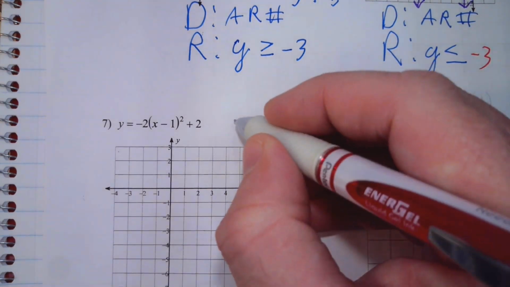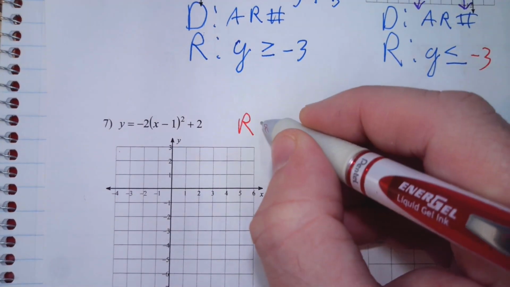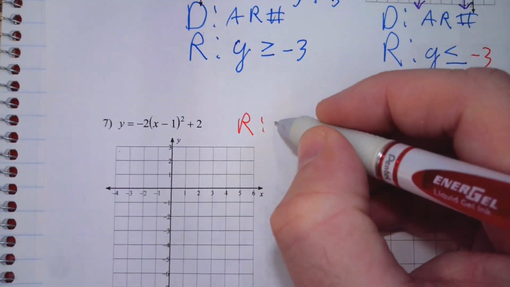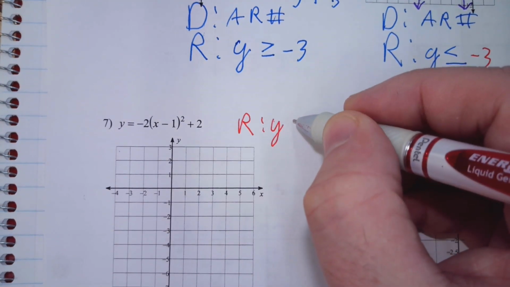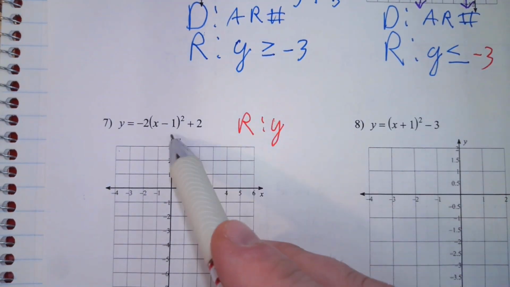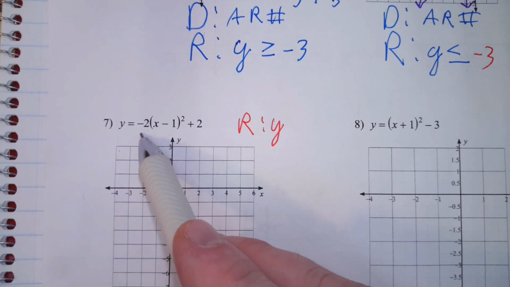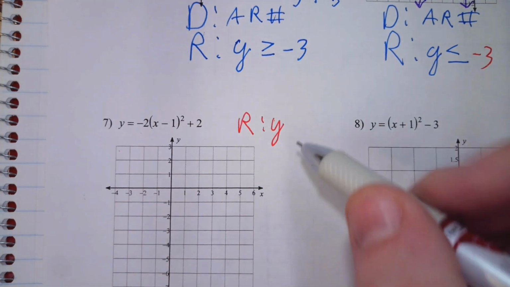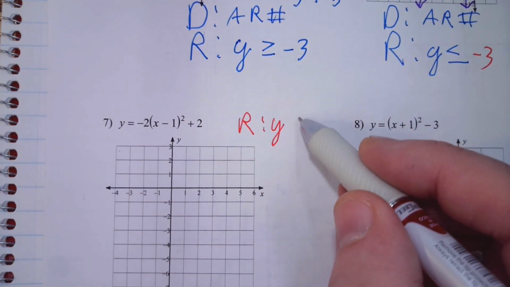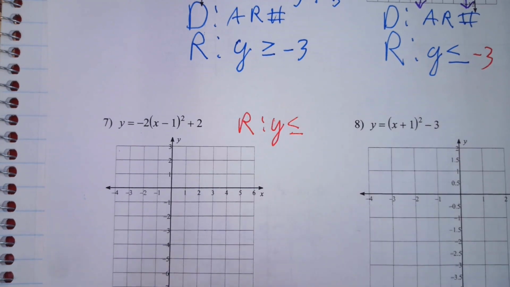But I bet you I could tell you the range right now. I'm going to say that the range is going to be y is, well, which way do we think this is going? Is this going to go up or down? Is this going to be a smiley or a frowny? Frowny, so it's going to go down. So that means that y is going to be less than or equal to what number?